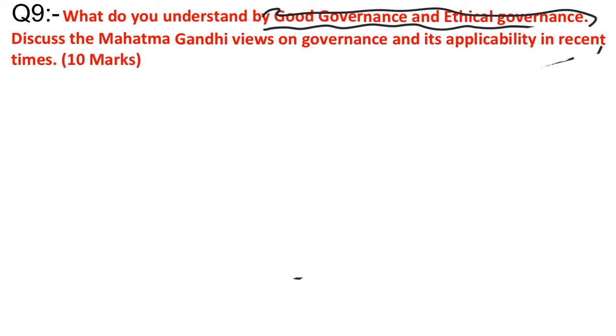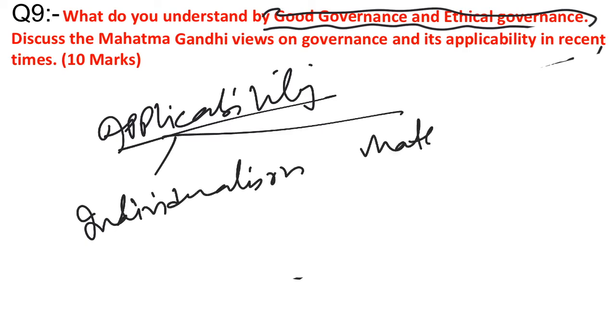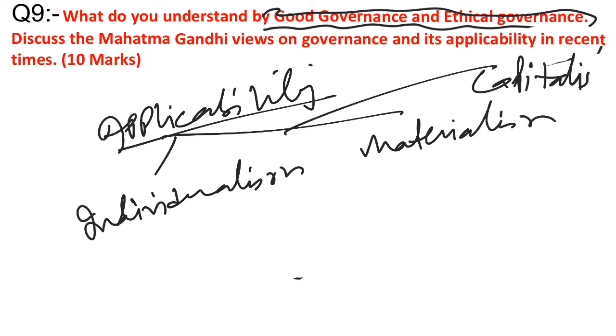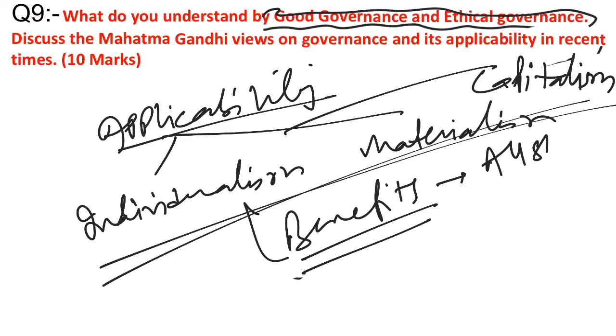So you can say that the applicability of Gandhi becomes much more important in the world of individualism, in the world of growing materialism, in the world of growing capitalism. Gandhi is of the view that the benefits should reach the people equally, and also the person who is standing at the last of the line should get the benefit equally.